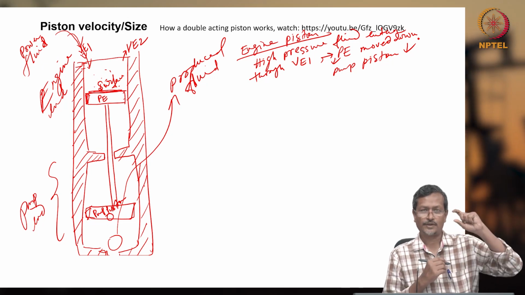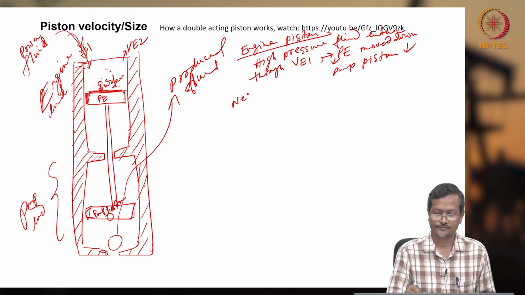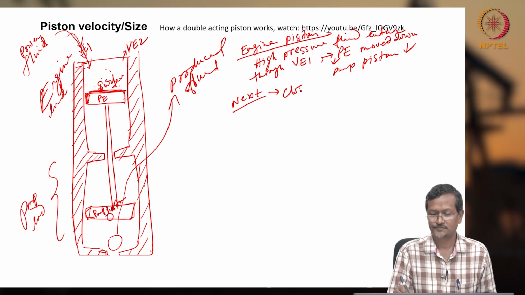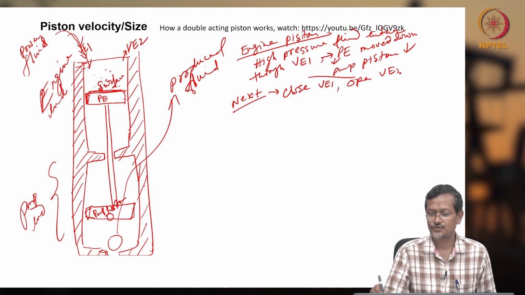Now you close valve V1. Now next, close VE1, open VE2.